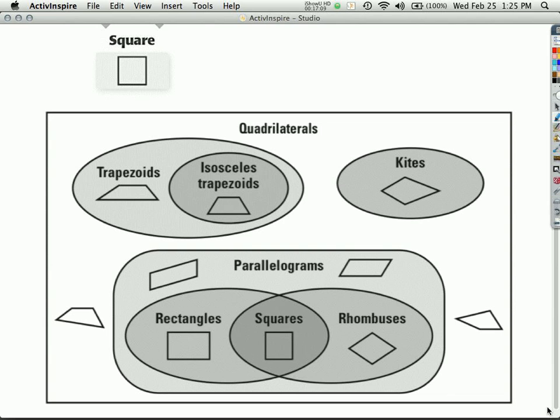And this shows you, in a different way, how each special quadrilateral relates to other ones. So for example, you can see that a rhombus, since it's inside the parallelogram area, is a parallelogram. And you can see that a square, since it's inside the parallelogram area, is a parallelogram.